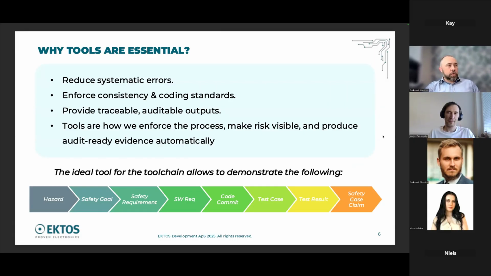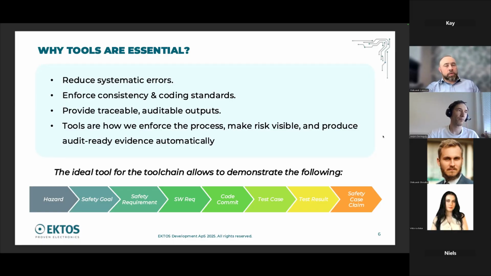Here on the screen, you can see some key drivers for why we need tools to be in place before we start the project. First of all, we reduce systematic errors, so we are not falling into the same problem all the time. We can enforce consistency, and we can follow the coding standards or whatever other standards and processes we have in the organization.